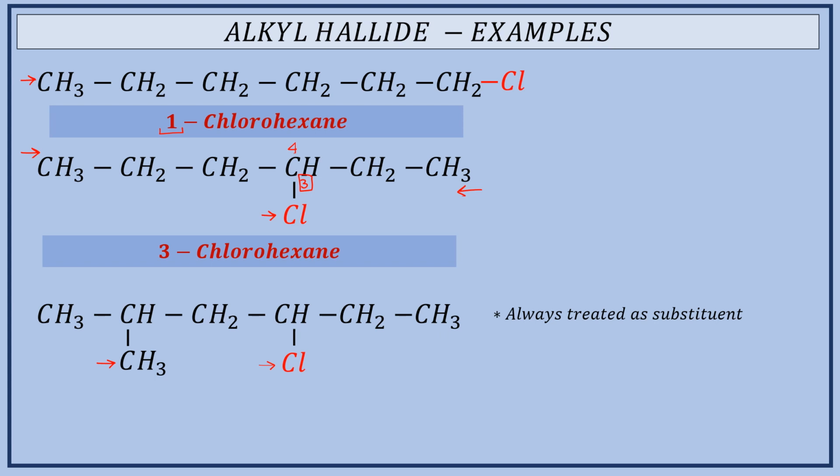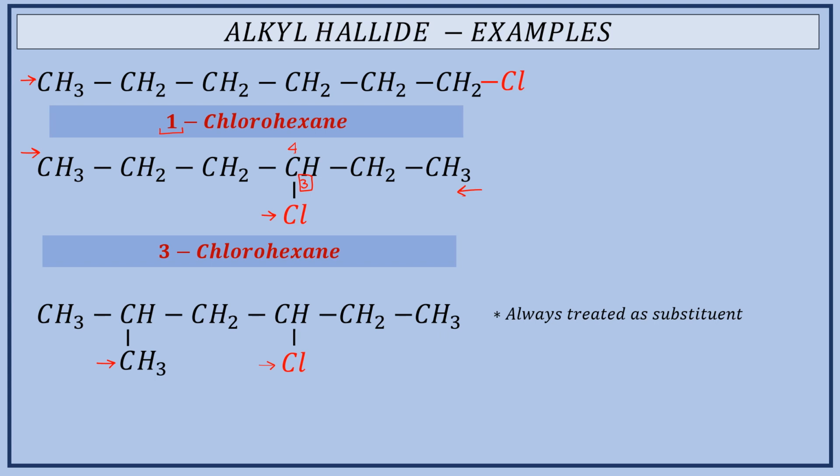So we will not differentiate between methyl and chlorine atom in terms of seniority of functional groups. We will treat them both as substituents, and we will start numbering from that direction which will give both of these substituents the lower positions.